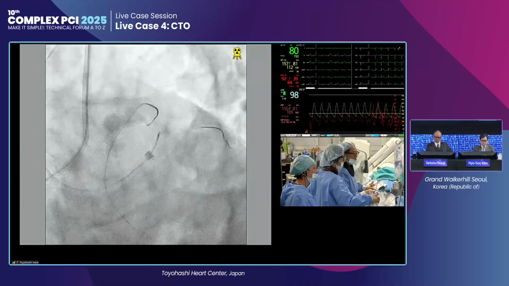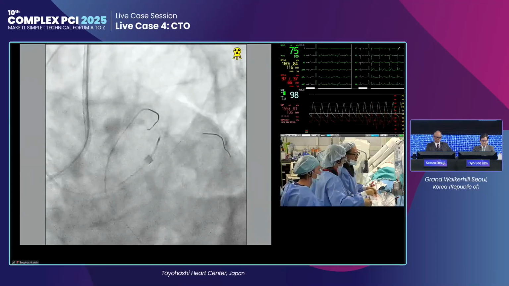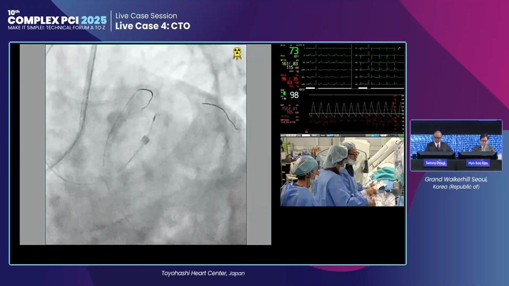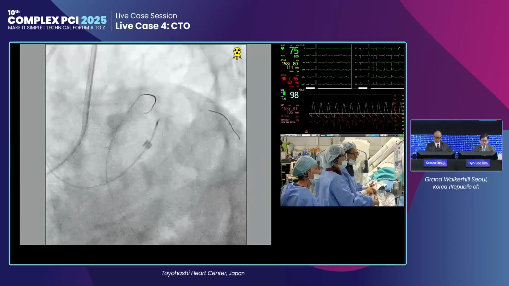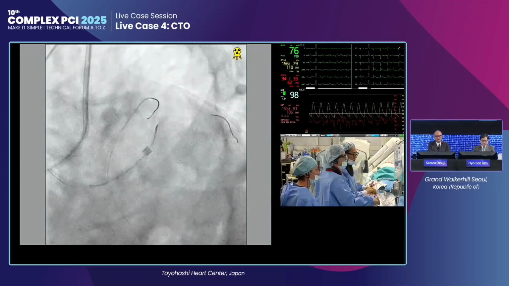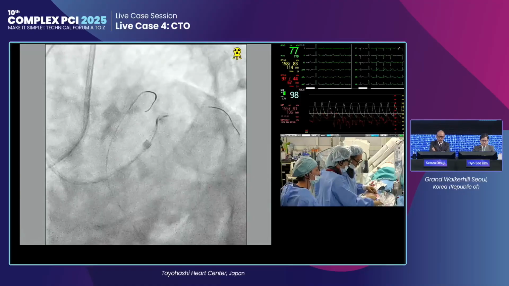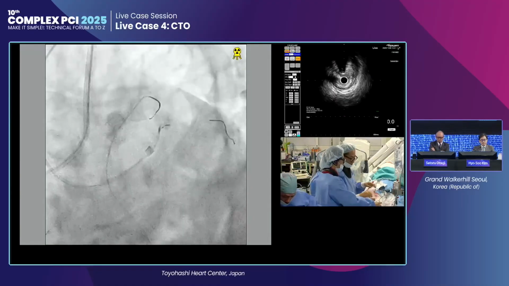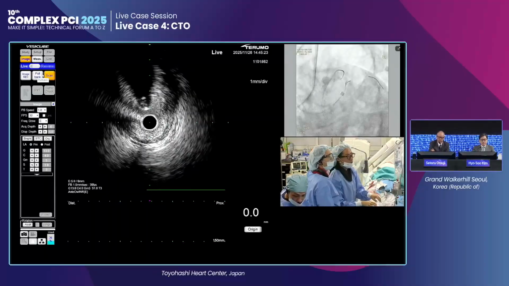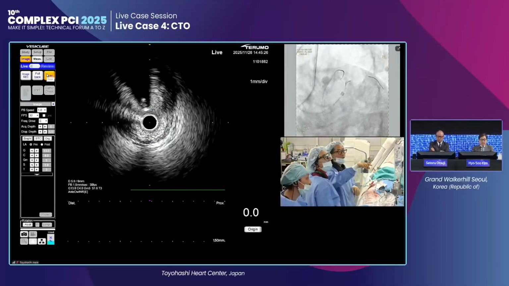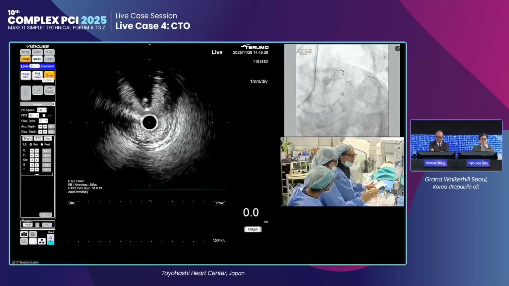So at first I negotiated the guide wire antegradely, and according to how the guide wire crosses, I will decide which is better, to puncture the retrograde side or the antegrade side. So he probably used IVUS guided proximal stump puncture. Yeah, maybe.